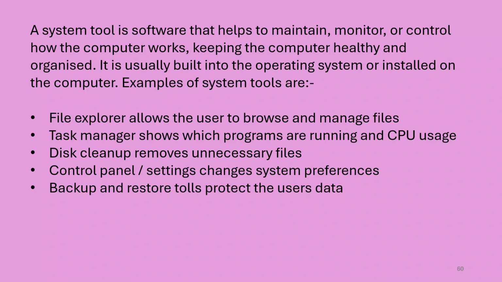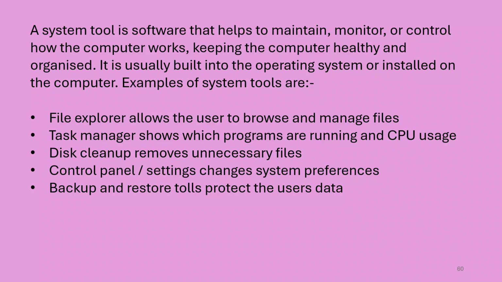Okay, so a system tool is software that helps to maintain or monitor or control how the computer works, keeping the computer healthy and organized. It is usually built into the operating system or installed on the computer. Examples of system tools are a file explorer, which allows the user to browse and manage files.